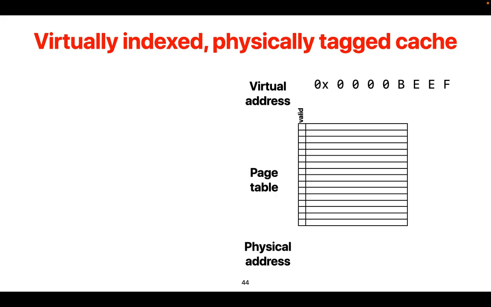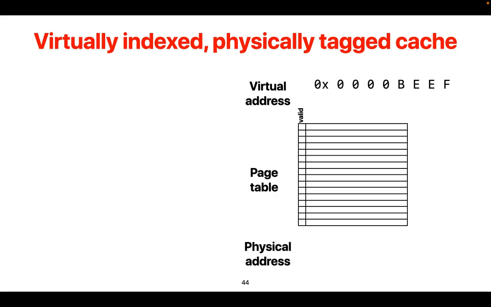So here comes the idea of the virtually indexed, physically tagged cache. First of all, if you carefully observe your virtual address and physical memory address, which part remains the same after translation?